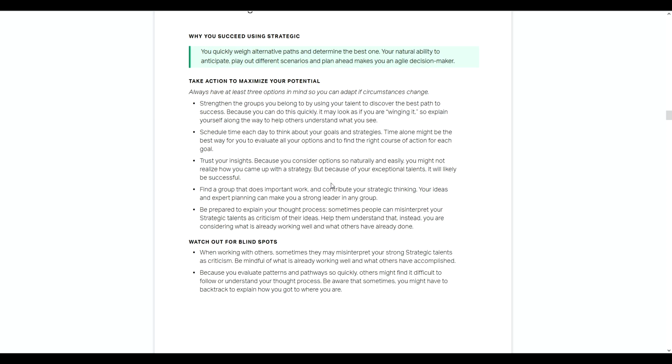So that's that one. Schedule time each time of day to think about your goals and strategies. I've just started using Notion, which is amazing. If you've spent any time on YouTube, you've probably heard about Notion. But if not, I will be doing a Notion tour at some point once I get a real good handle on it, probably in a month or two.